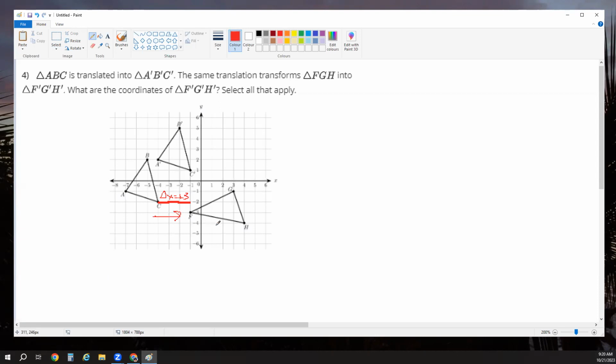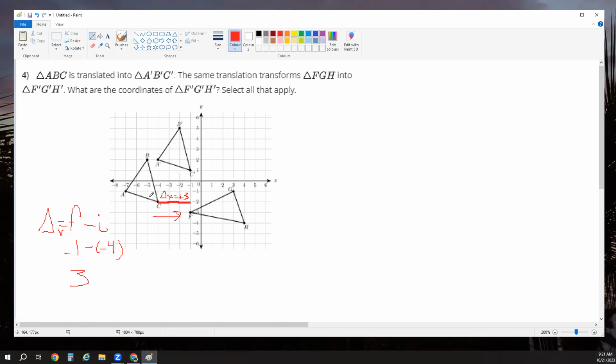If you didn't want to do it that way, my delta equals your final minus your initial. My final was negative 1. My initial was negative 4. So negative 1 plus 4 is 3. Same thing. Okay, that's my change in X.